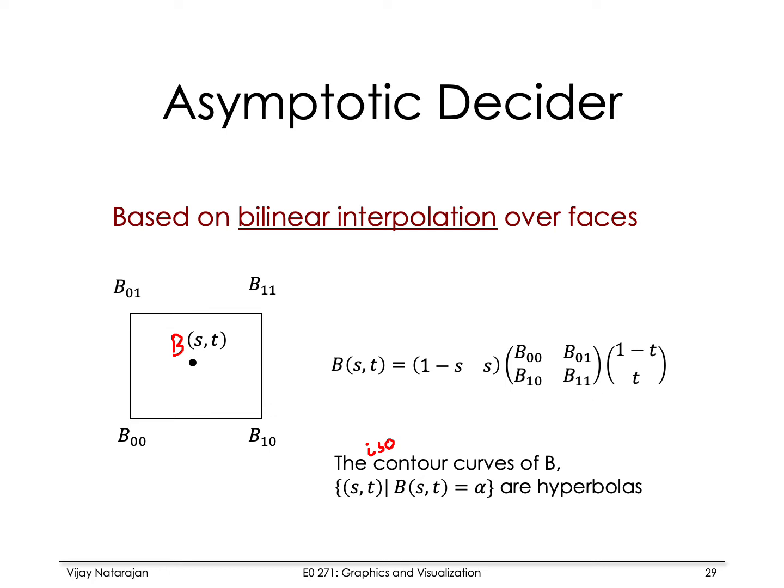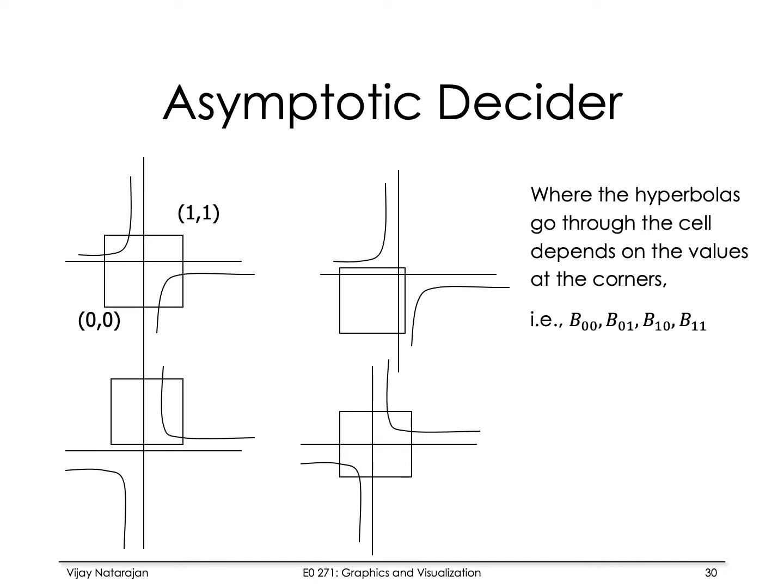So the isocontour is the set of all points (s,t) such that b of (s,t) equals a given constant alpha. So we all know how hyperbolas behave. So here is a picture of the isocontour together with the 2D cell, the face that we are considering.